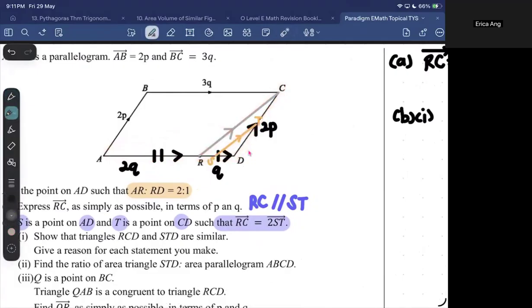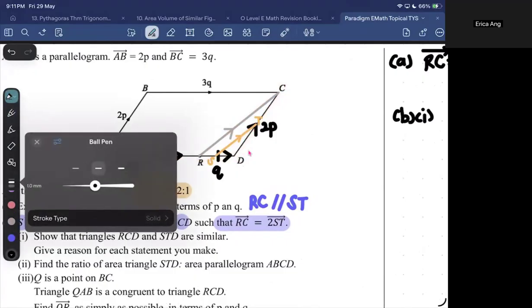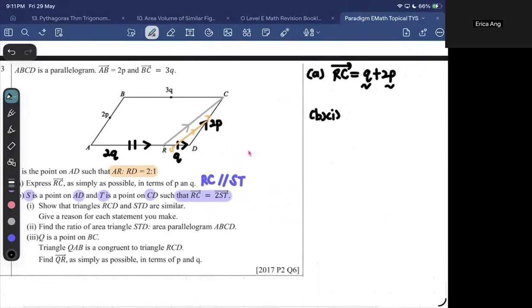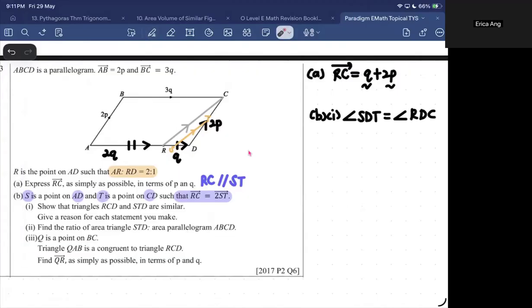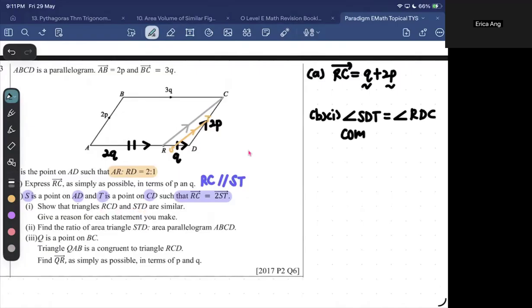So we're going to do our similar triangles first. They're so nice because they already tell me I need to show that it's similar. So we have a common angle and corresponding angle. I'm going to start with angle SDT equals angle RDC. Remember, don't think so much, just follow here: SDT, RDC. What's the reason? This is my common angle.